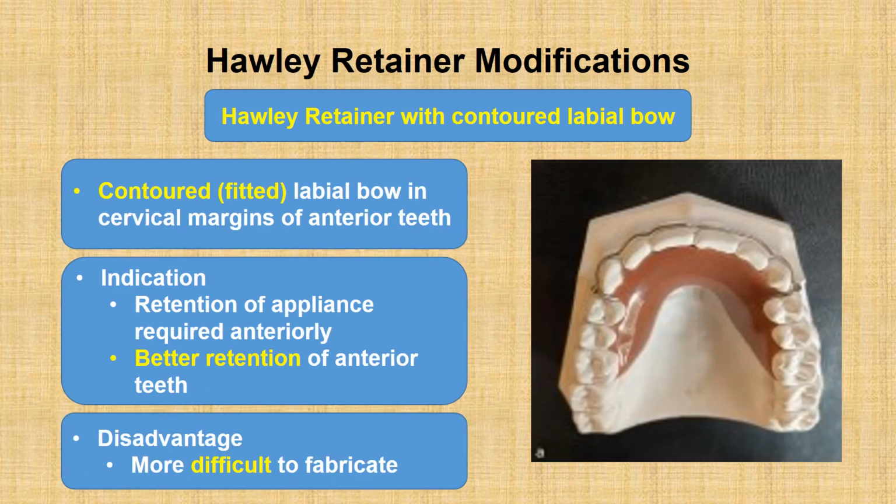Okay, now a Hawley retainer can also be used with a contoured labial bow. A contoured or fitted labial bow fits in the cervical margins of all the anterior teeth.